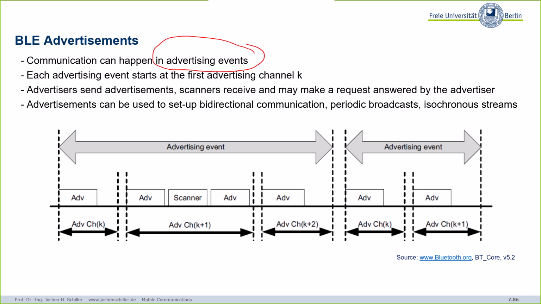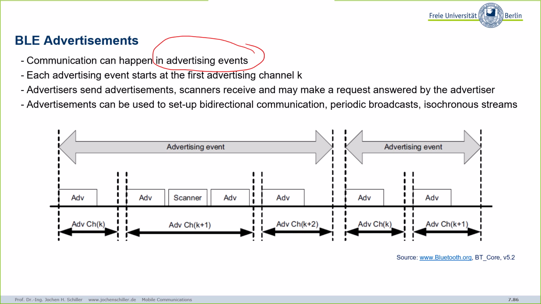So you send, as the so-called advertiser, some data on an advertising channel. We basically have these 3 advertising channels, and then we can simply transmit an advertisement, and then maybe someone receives, that's called the scanner, and may answer, or not.